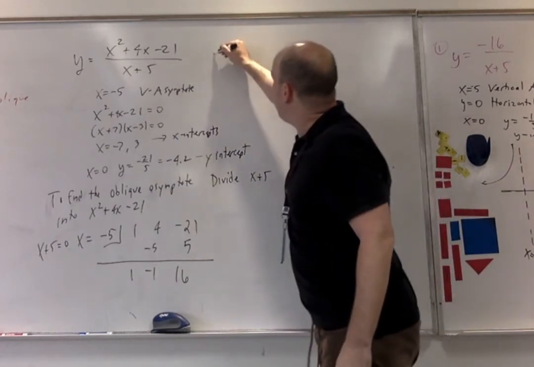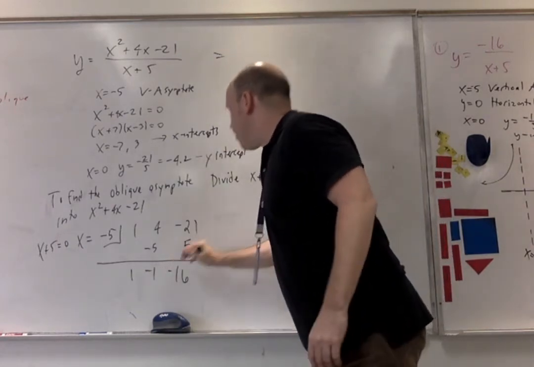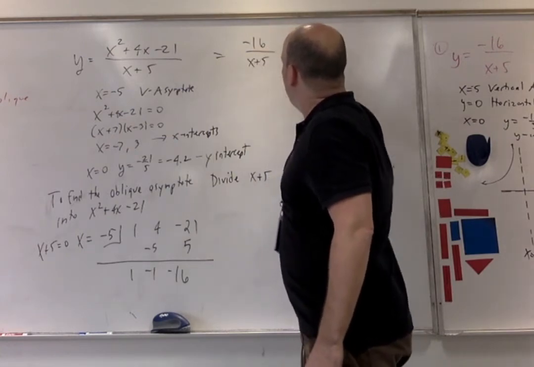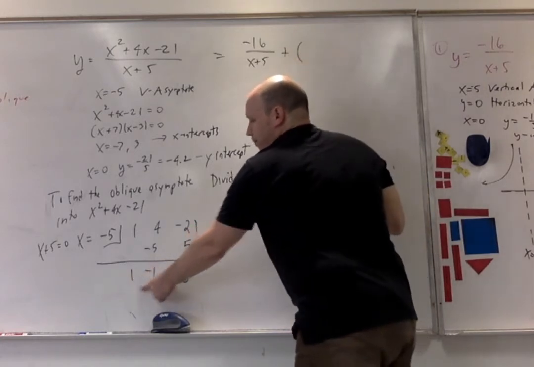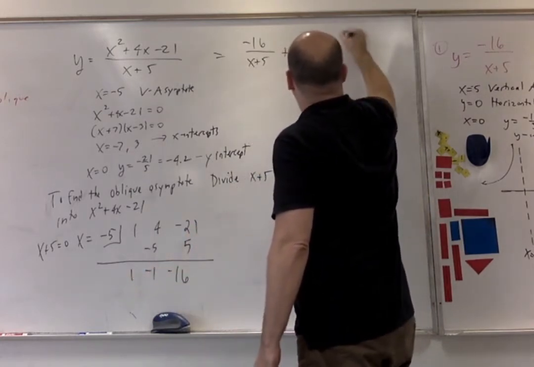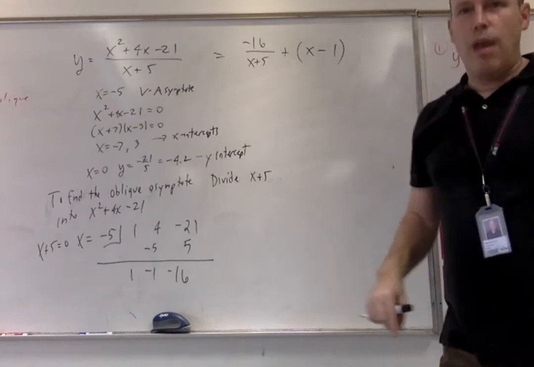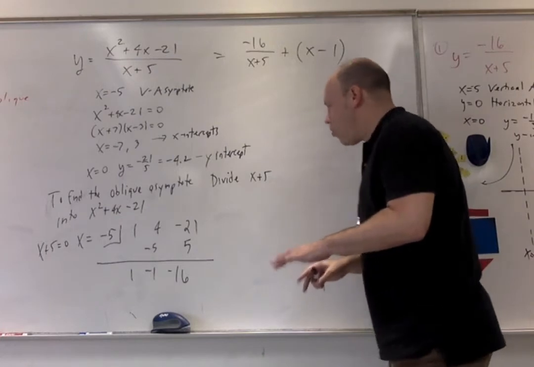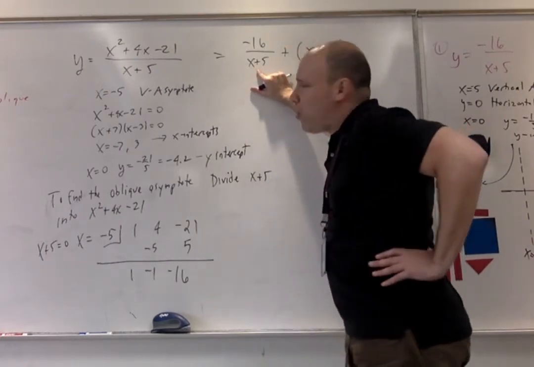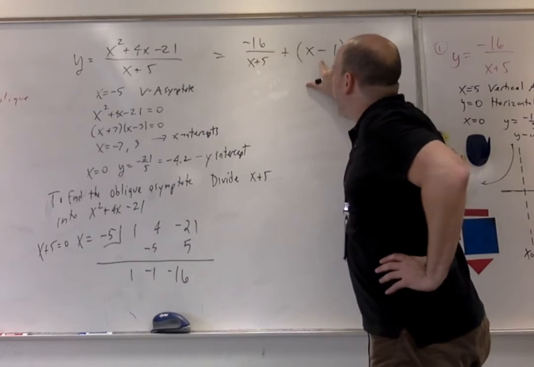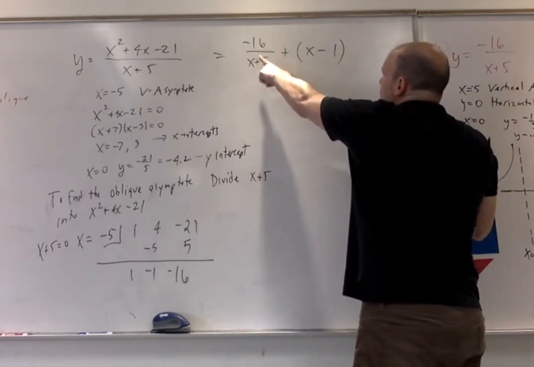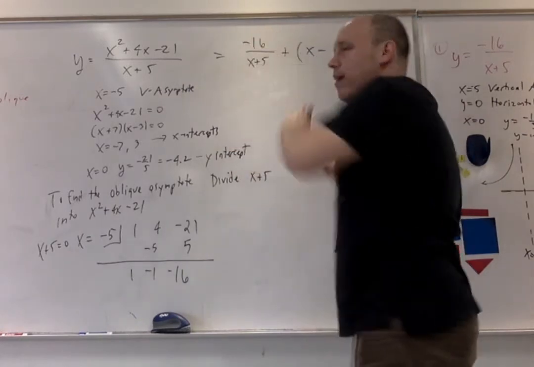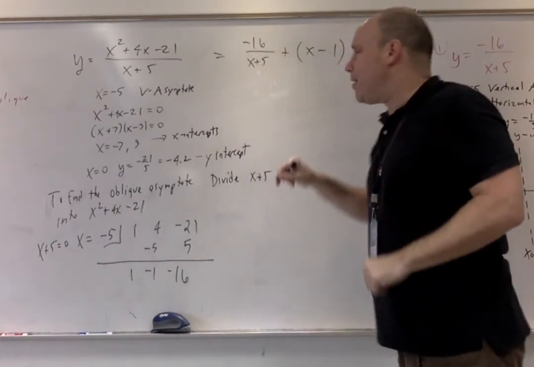So this actually is equal to -16 over x plus 5 plus x minus 1. Okay? This is kind of cool. So it turns out this is the vertical asymptote. This is the oblique asymptote, and it's like twisted or rotated so that this is the new asymptote.